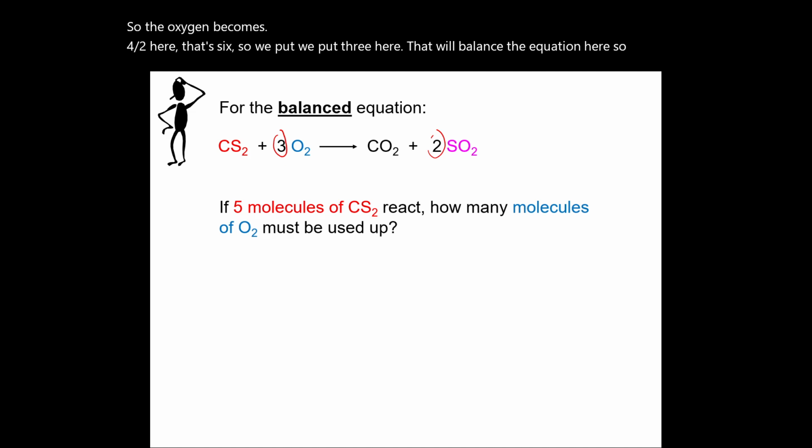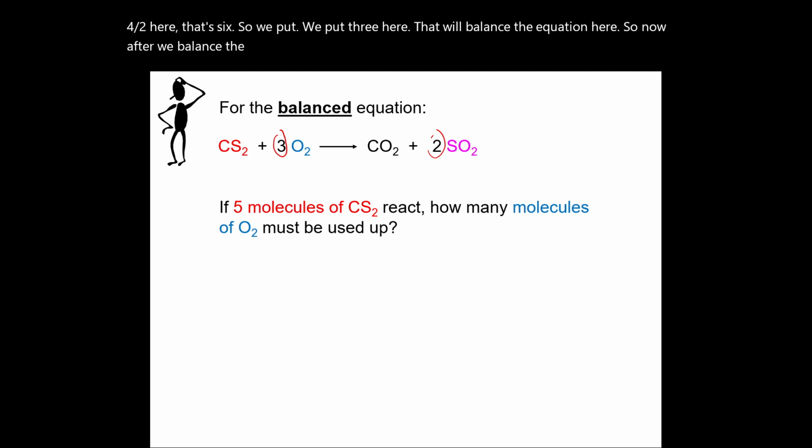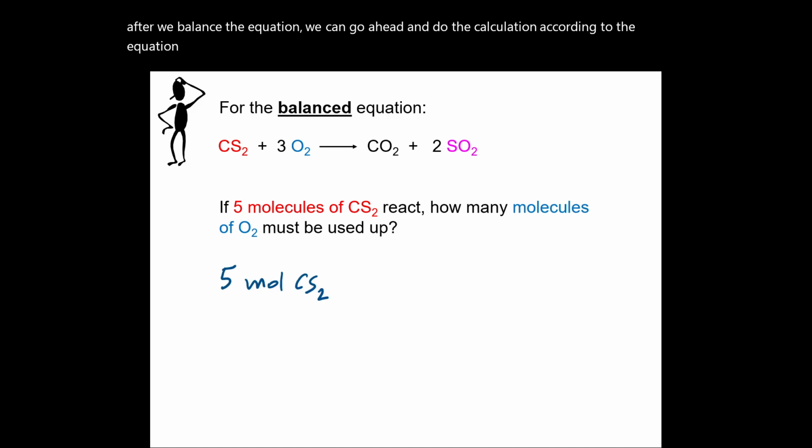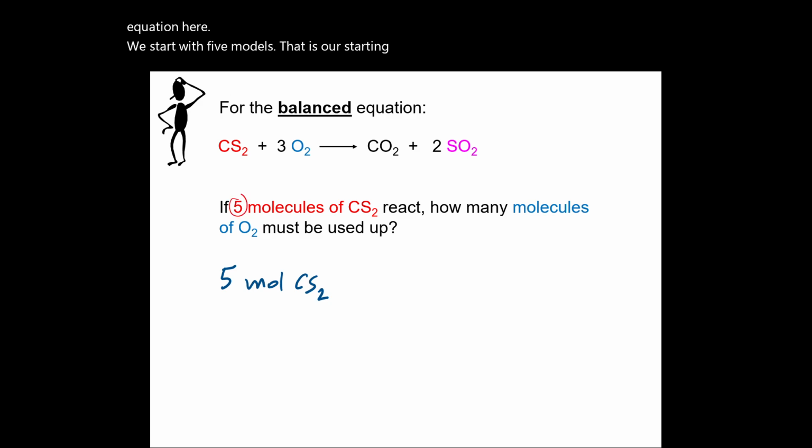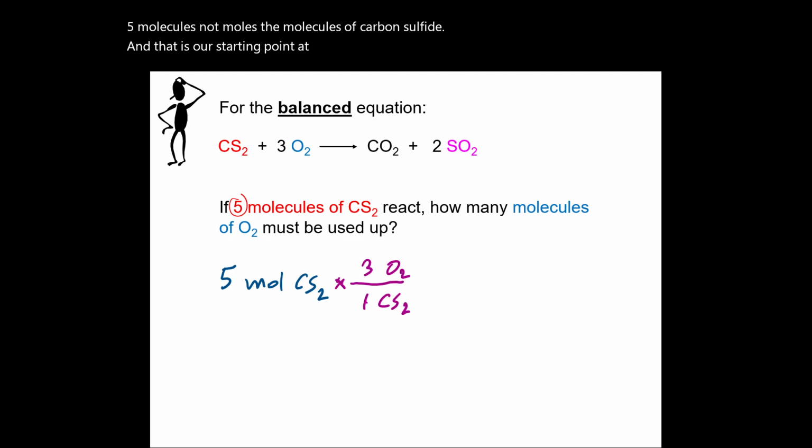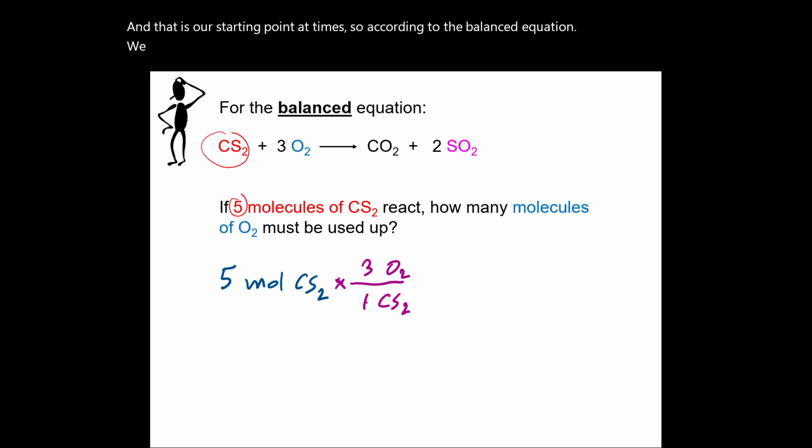Now after we balance the equation, we can go ahead and do the calculation. According to the equation, we start with 5 molecules of carbon disulfide. That is our starting point, times the ratio. According to the balanced equation, one molecule of carbon disulfide reacts with 3 oxygen molecules.